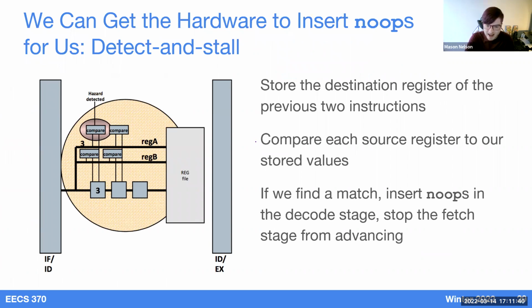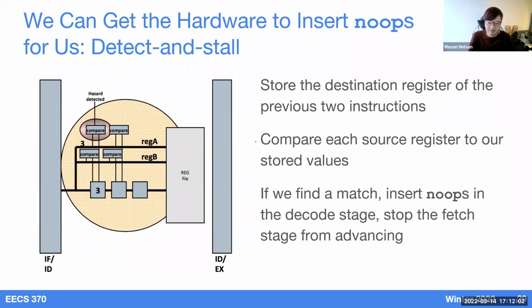So we said that adding all these no ops was pretty detrimental because it increased the memory size of our program pretty significantly. And we want to avoid that if we can. So we have this strategy called detect and stall, where we'll just do it in hardware instead. So we can use pretty much the same algorithm.